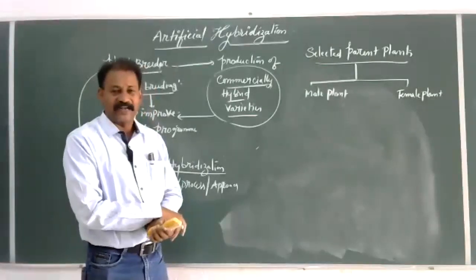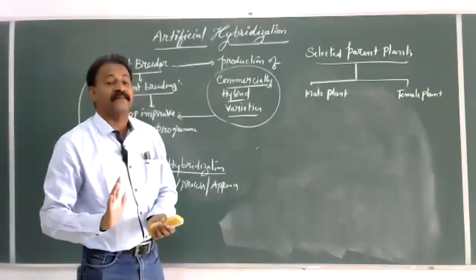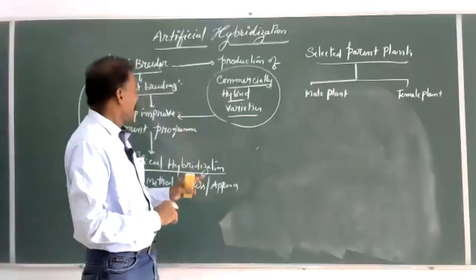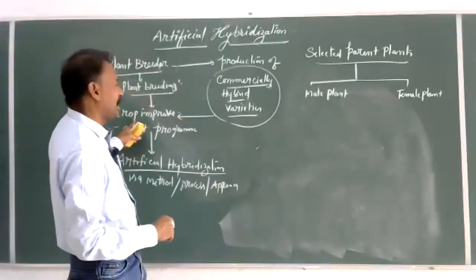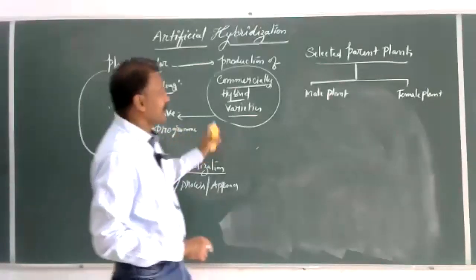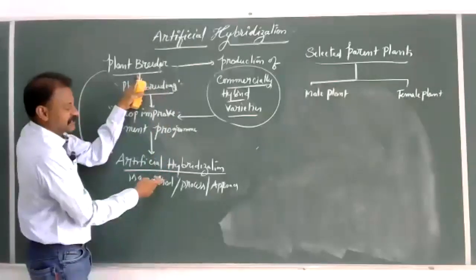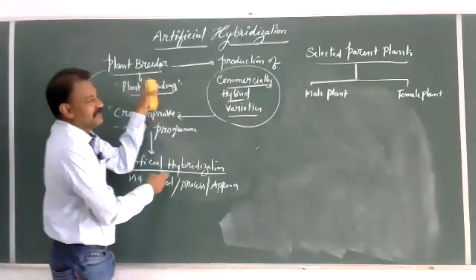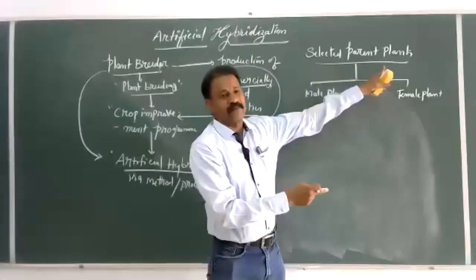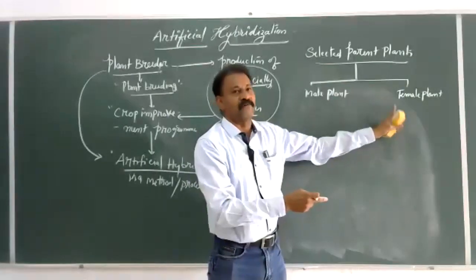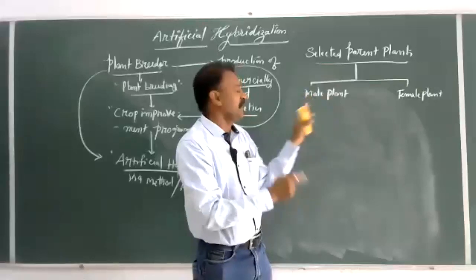That is the motto of plant breeding, and that plant is a commercially useful plant. This process is called crop improvement. When a plant breeder wants to perform artificial hybridization, he has to select parent plants, one female and one male.